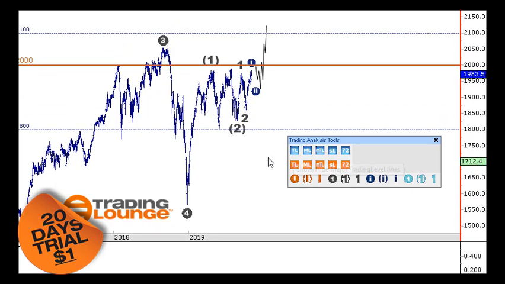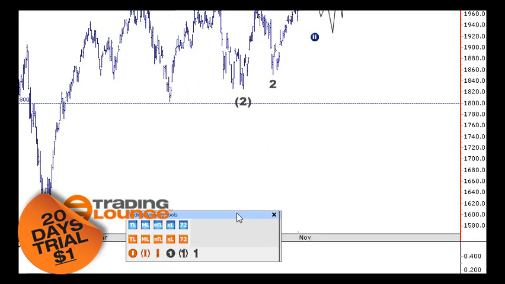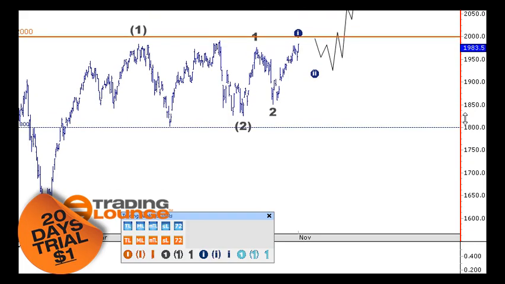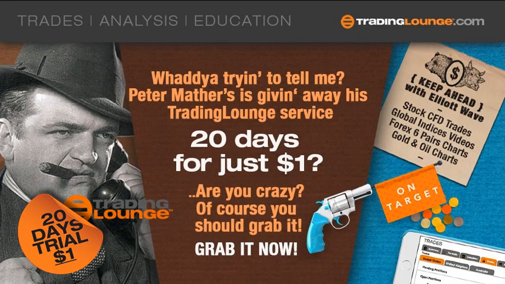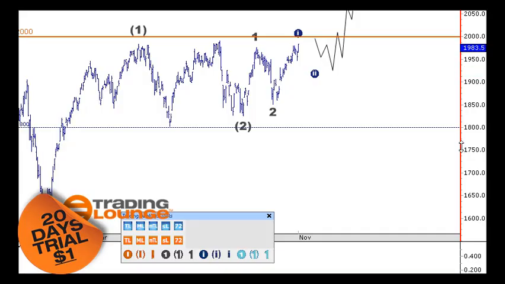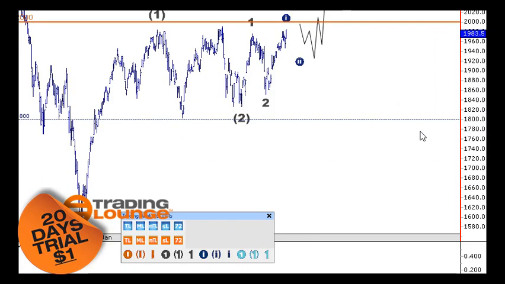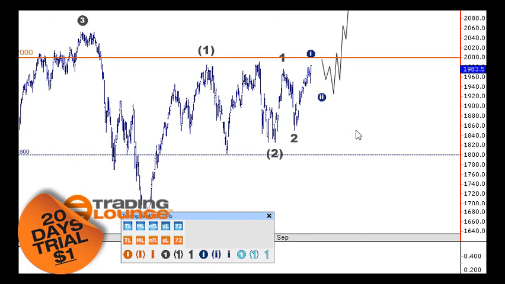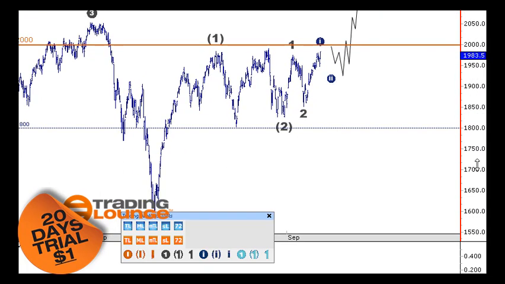There we go. So the number 2 here is a major trading level. So the market really hasn't quite grasped it just yet in this case.